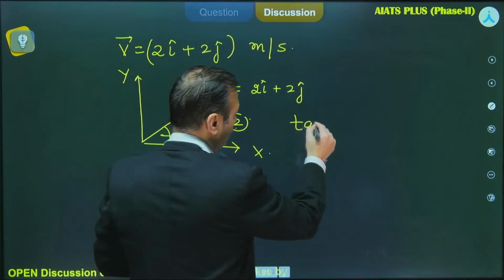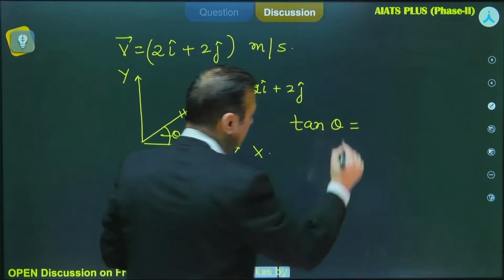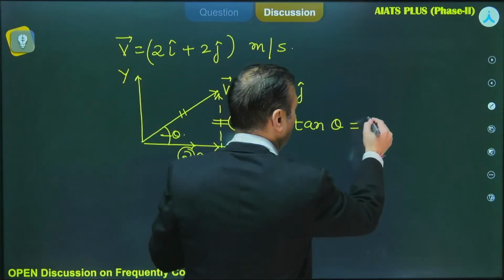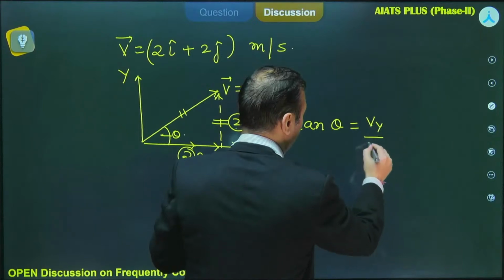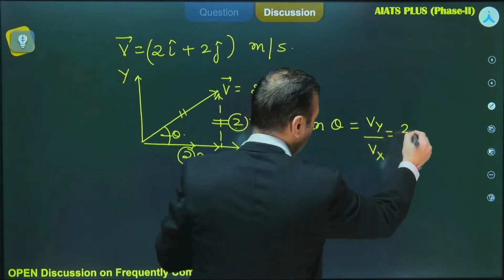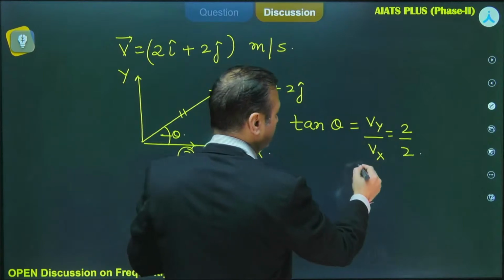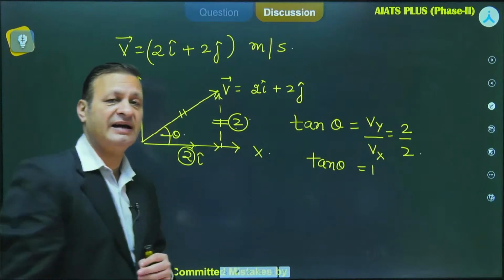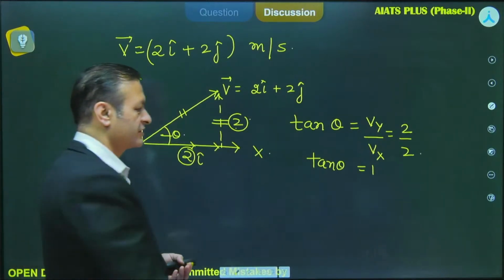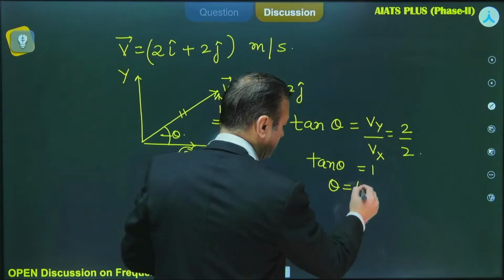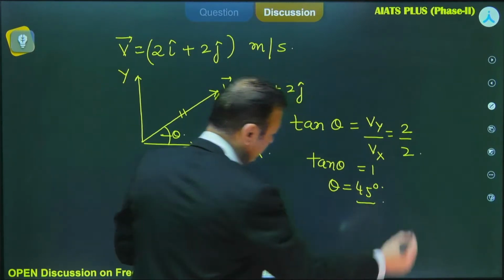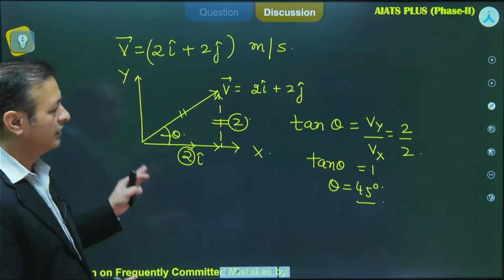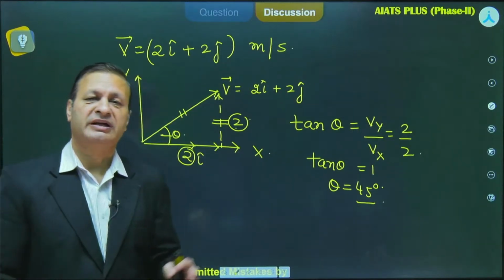Can you make use of trigonometry for this part, that is tan theta, and tan theta is perpendicular, that is y component, by base, that is x component. So this is 2, this is 2, and this comes out to be 1. So when I write tan theta as 1, the obvious value of theta, the inclination, comes out to be 45 degree.